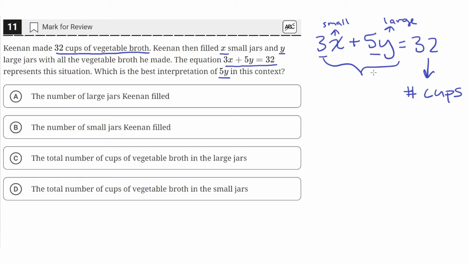So in this case, 5y, the quantity, tells us the total number of cups that are being kept in large jars. And when we add that with the total number of cups being kept in small jars, that will give us the total number of cups, because all the cups are either in small or large jars, and the quantity 5y tells us how many of those cups are in the large jars. So answer choice C is the correct answer.